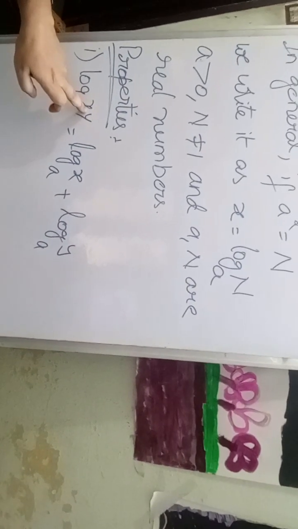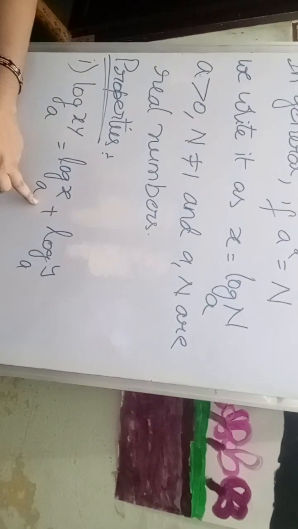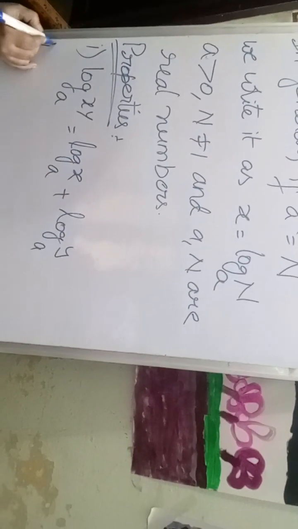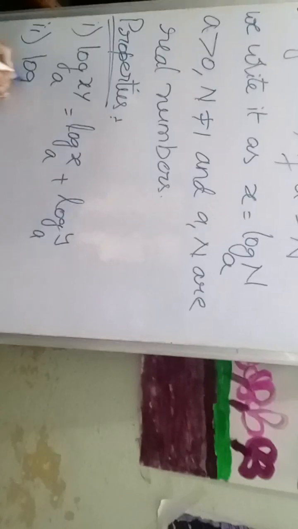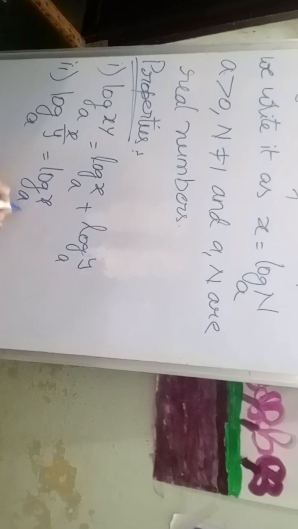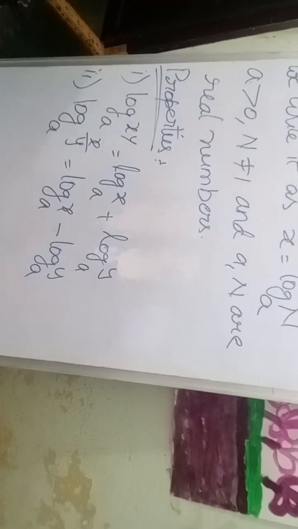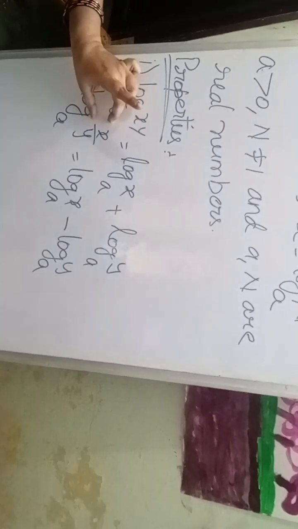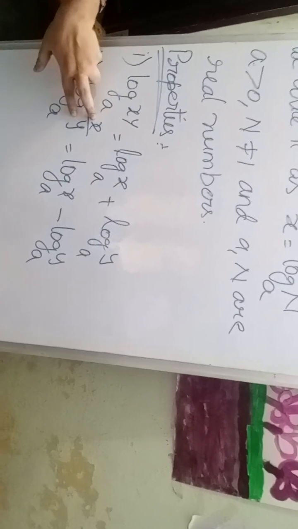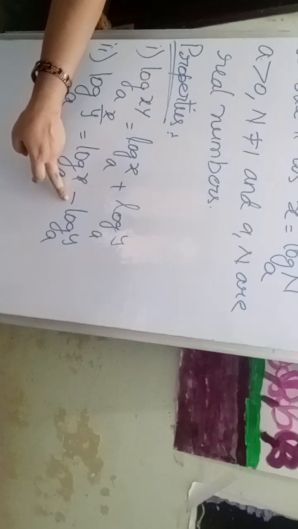If these two variables are multiplied, then you can separate them by using plus. Next, coming to the second property, log x by y base a is log x base a minus log y base a. If they are in the form of p by q, you can separate that by using minus.